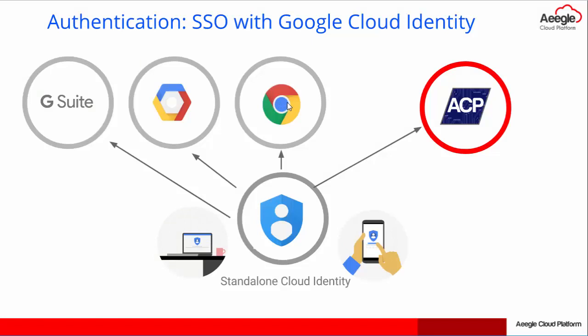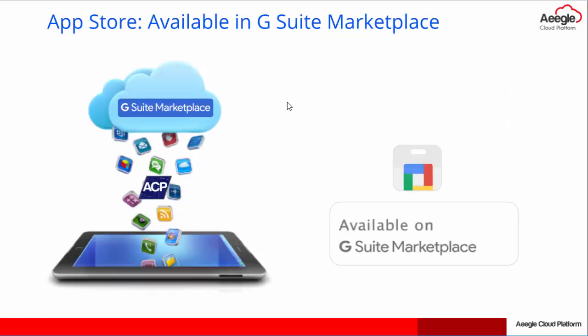So continuing with the slides, the next one is, well, ACP is available in the G Suite Marketplace. And this G Suite Marketplace is one of the fastest growing cloud business applications marketplaces, and it offers a wide range of quality enterprise applications that add functionality, features, and more to your native Google Cloud application.